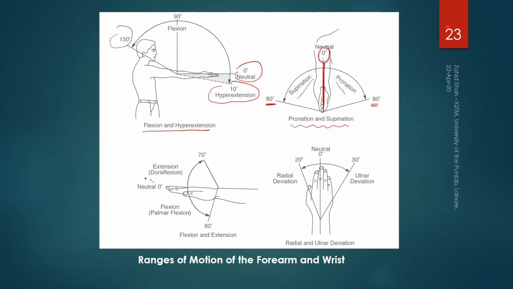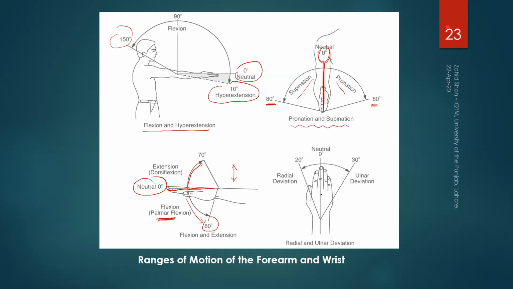Similarly, your hand, this is the neutral posture of the hand. So you can flex the hand on your palmar side up to 80 degrees, and you can extend it up to 70 degrees. So this is the neutral line, and you can move up to 70 degrees in this direction, up to 80 degrees in this direction. And in right hand and left position, this was up and down, flexion and extension.